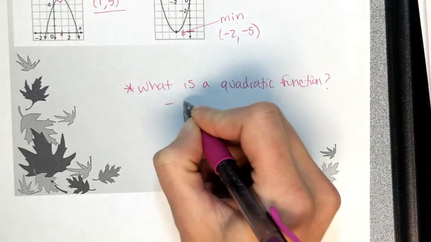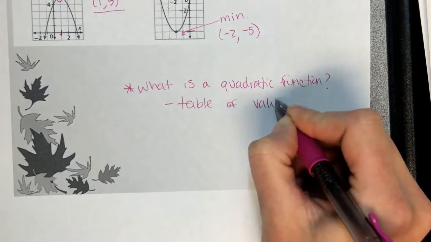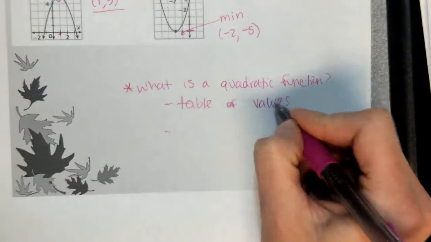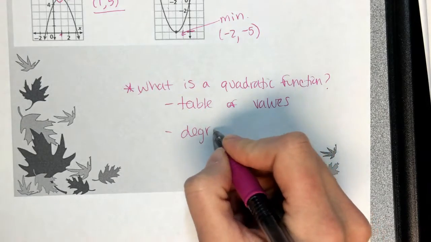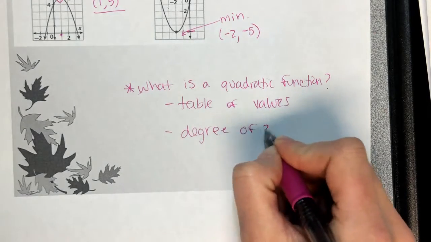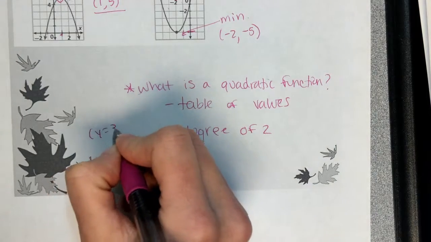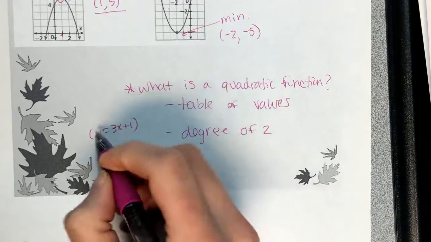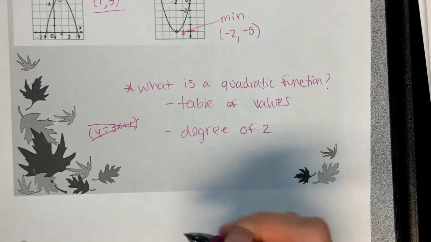Knowing this answer from given a table of values, or understanding that a quadratic function always has a degree of 2. So side note, y equals 3x plus 1, not quadratic. That degree is 1. That's actually a linear function, right? We spent so much time on linear functions.